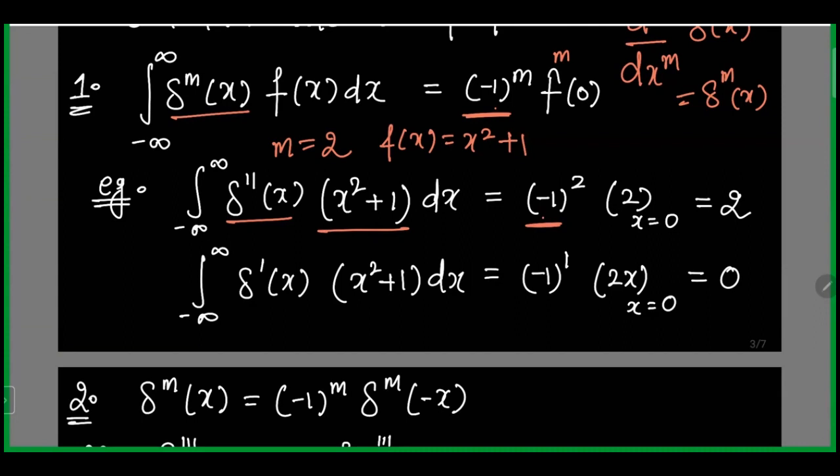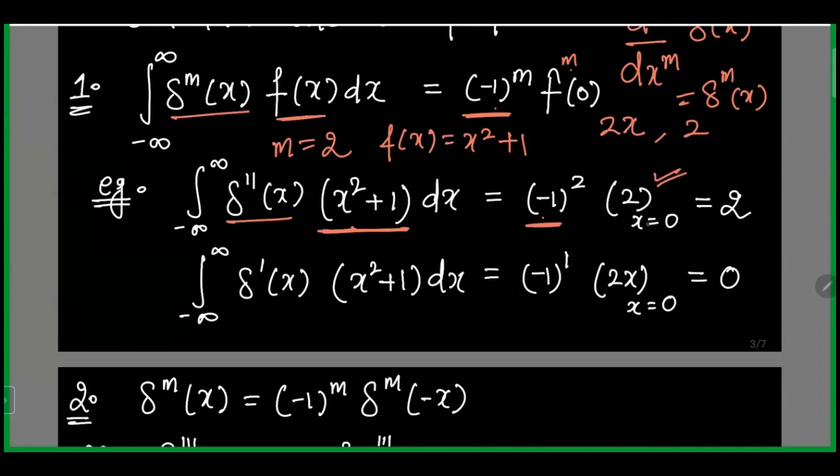Then I will differentiate the function m times. Whatever function is given to me, I will take the derivative m times. What is m here? 2. So I will take the derivative of x² + 1 two times. If you differentiate it one time, you get 2x, and one more time, you get 2. So I will write 2 here.